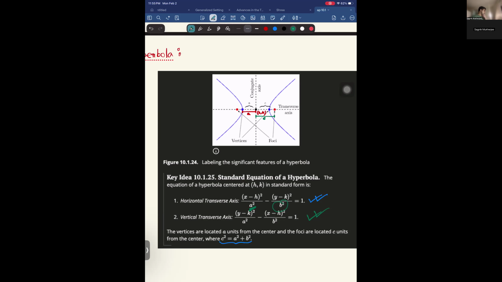Let me think for a moment. Yeah, b does have a meaning. The meaning of b comes from, okay, let me just share the screen so you can see it.